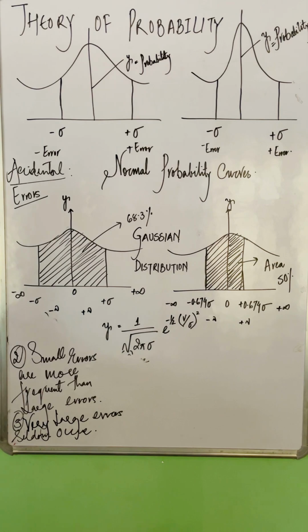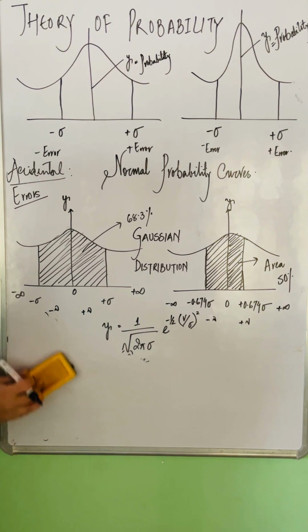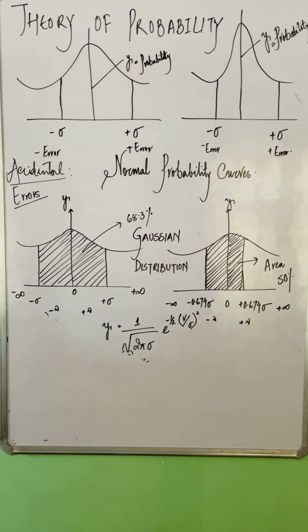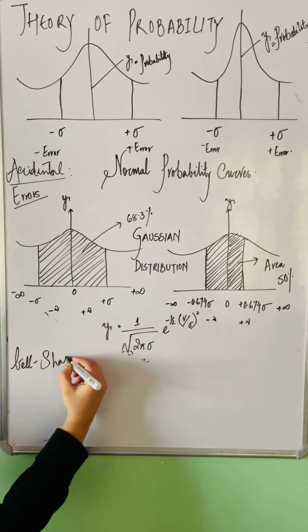All right, moving on, let's study the Gaussian distribution. Right, students? The normal or Gaussian distribution is the most important of all types of distribution, and it's also known as the bell-shaped distribution.